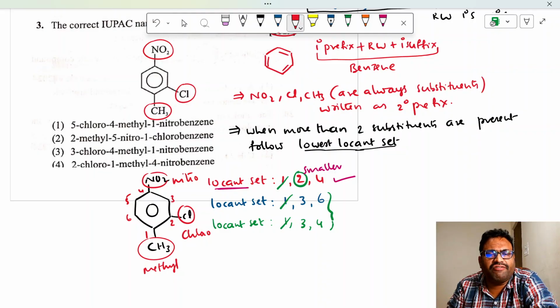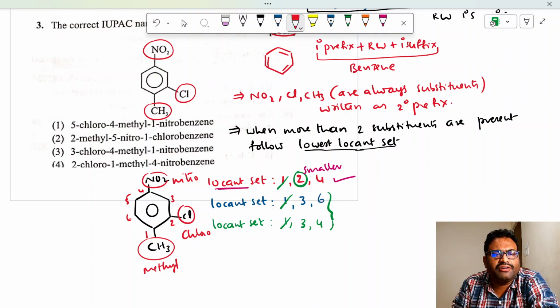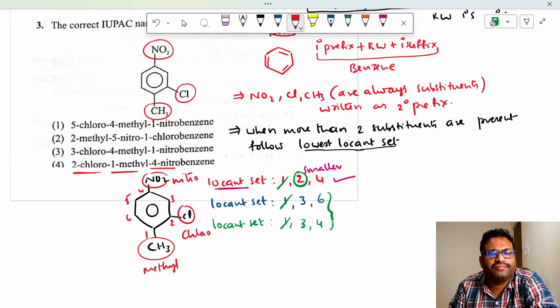Which comes first in alphabetical order? Chloro comes first. So you find 2 chloro, 1 methyl, 4 nitro. In alphabetical order, C comes first. After that, comparing M and N, M comes first, then N comes.